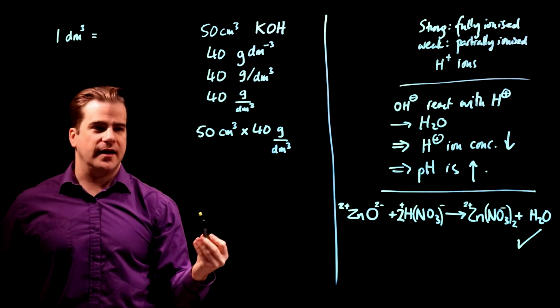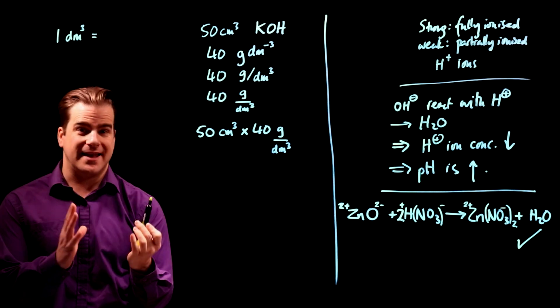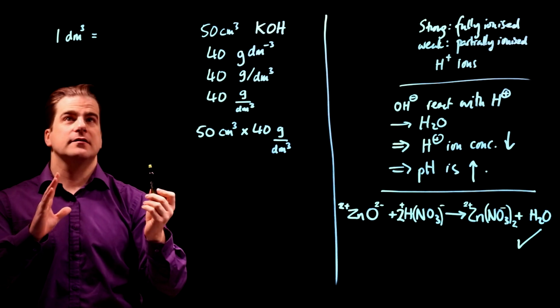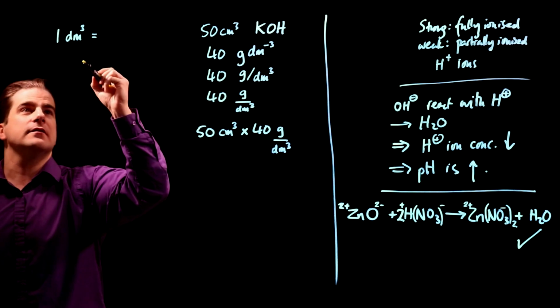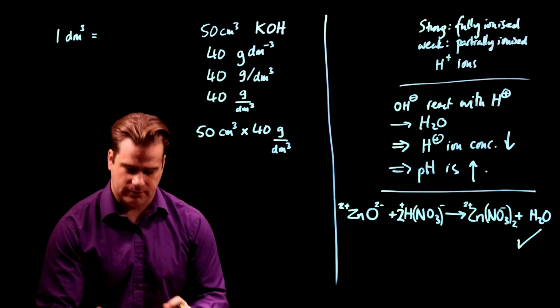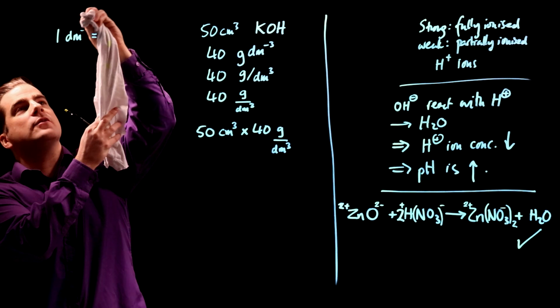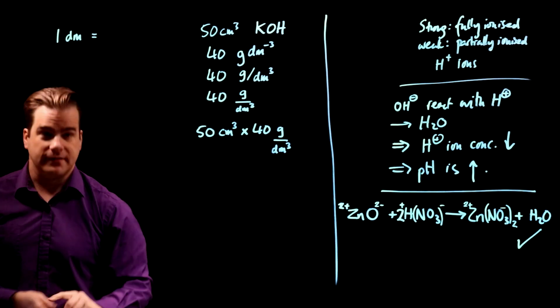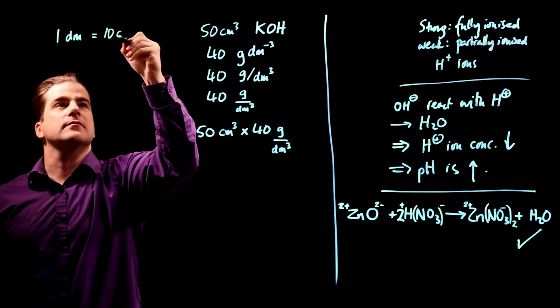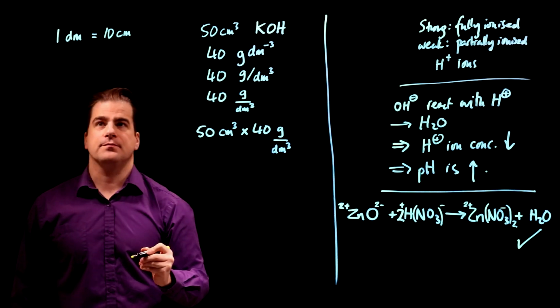Well, a dm, what's a dm? 1 decimeter, it's deci, it's 10, okay? So let's start from the beginning. 1 decimeter, okay, 1 dm is 10 centimeters. So let's go from there.